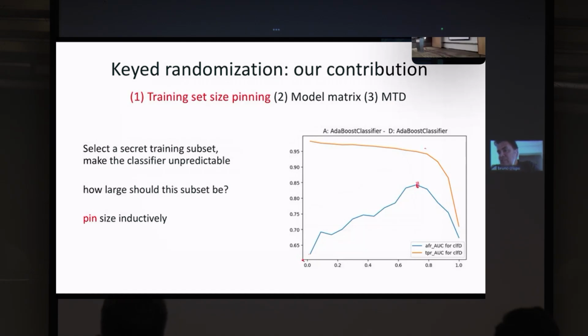If this is considered acceptable, then this is the optimal pin size. And once we have the optimal size of the subset for training, we use that size to train all the classifiers. So this is one way to introduce randomness.